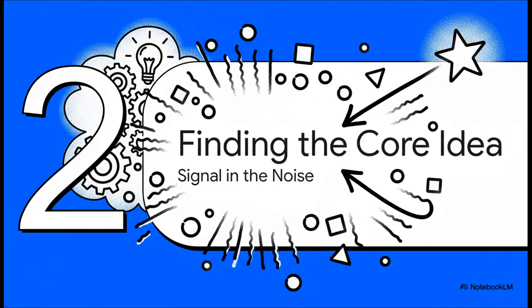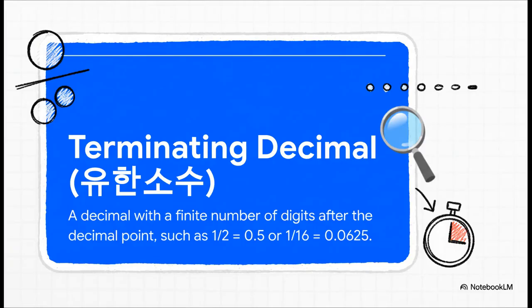So, after digging through everything on that page, we found it. We found the signal hiding in all that noise. Turns out there's one super useful fundamental rule buried in there that's just perfect for a simple, clear lesson. And that golden idea is something called a terminating decimal. I know, it sounds a little complicated, but trust me, it's so simple. It just means a decimal that ends, it stops.